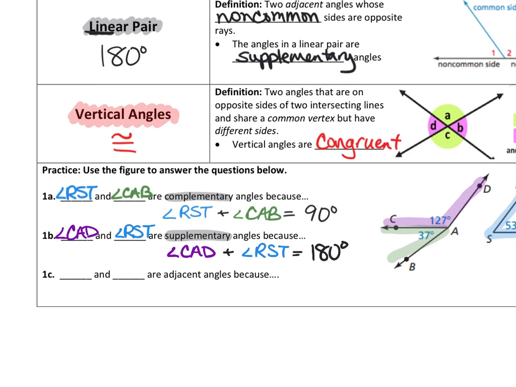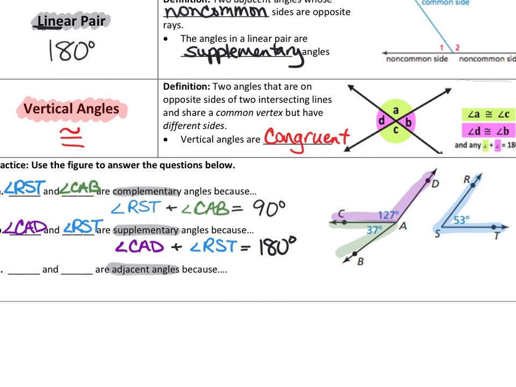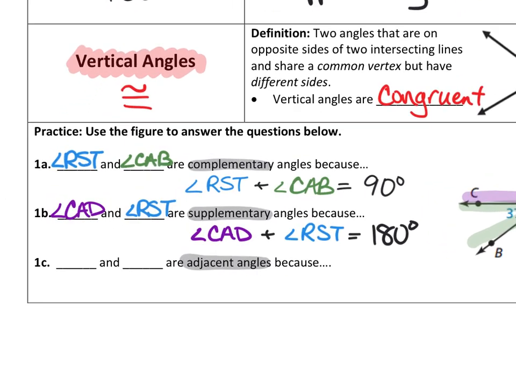Okay, the third part says blank and blank are adjacent angles. What did the word adjacent angles mean? Glued together. So which of these 2 are glued together? Let's just use colors. Based on my color scheme, which 2 are glued together? Purple and green. So we're going to name those appropriately. The purple one we called angle CAD. The green one we called angle CAB.